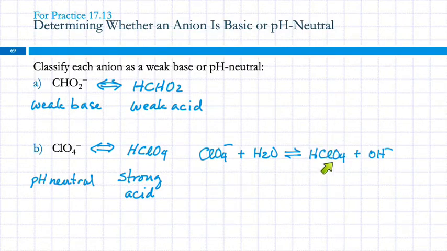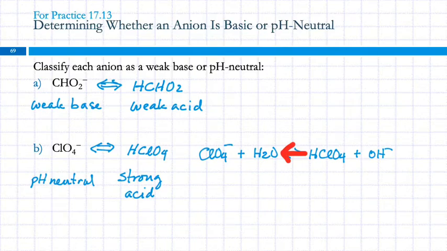No, because this is a strong acid. It only goes that way, because it ionizes completely. None of it is intact. So this can't act as a base because it can't go backwards.